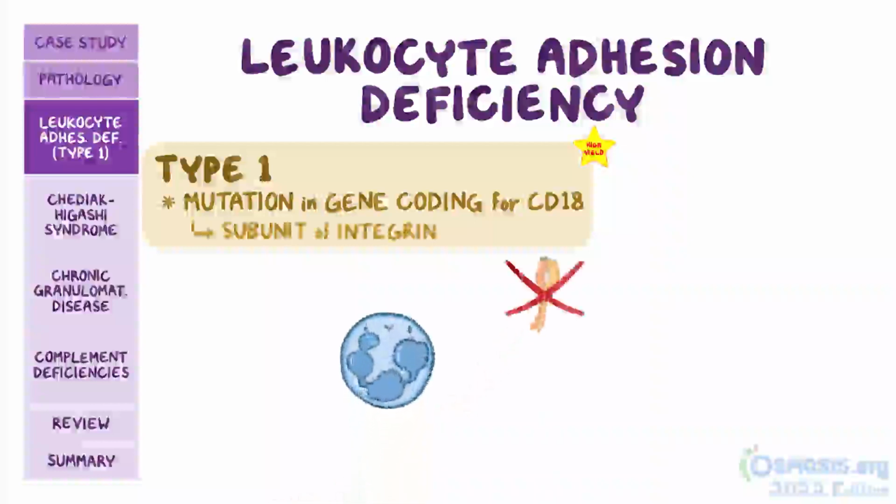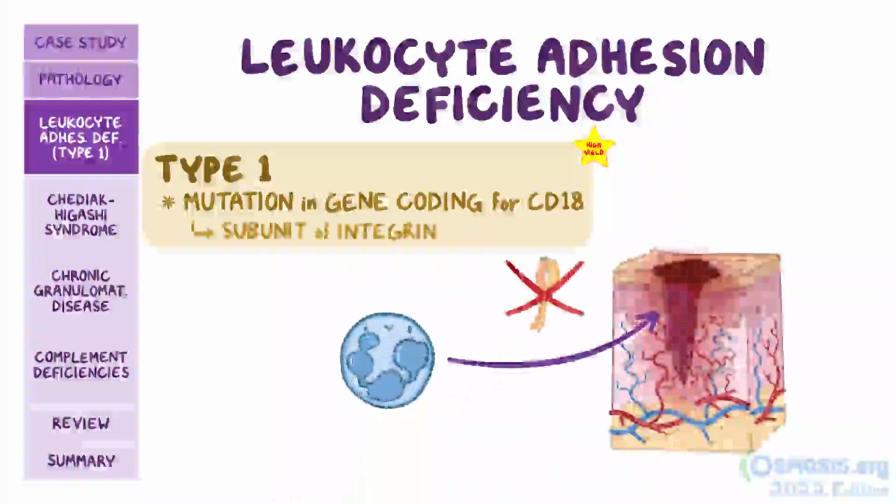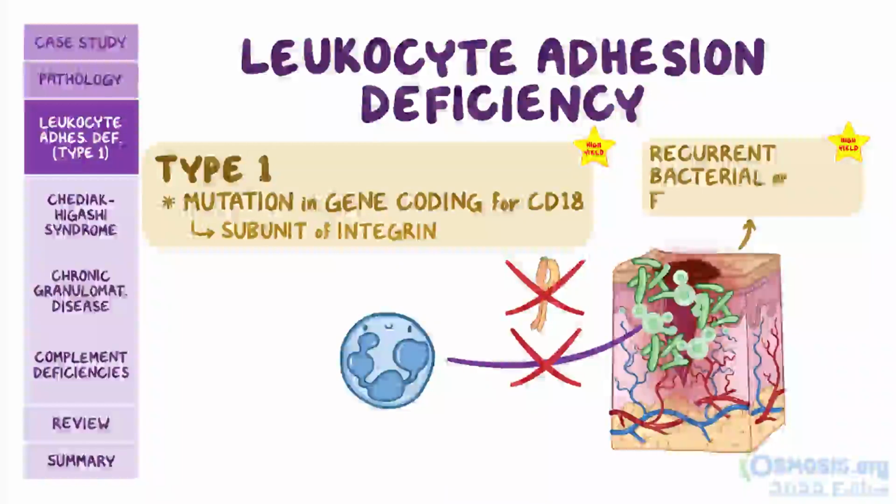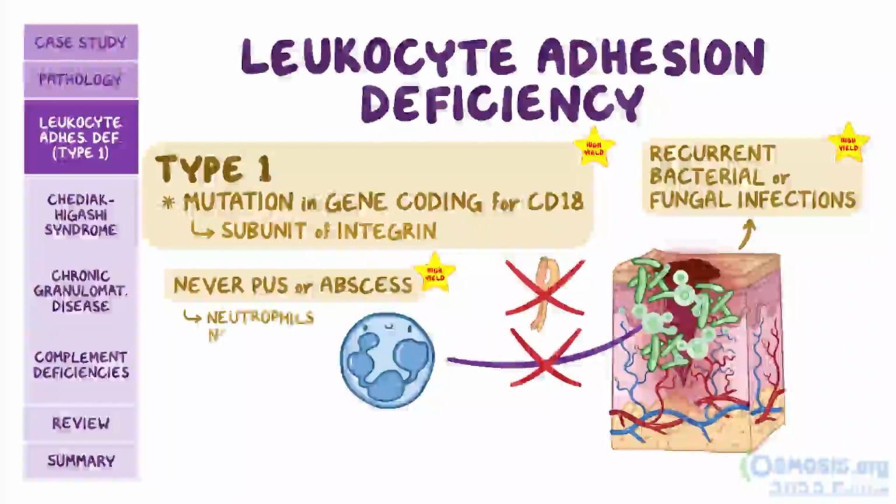Without integrins, phagocytes in the circulation can't make their way to the infected or damaged tissues. This allows pathogens like bacteria and fungi to spread uncontrollably, causing recurrent bacterial or fungal infections of the skin or mucosal membranes.